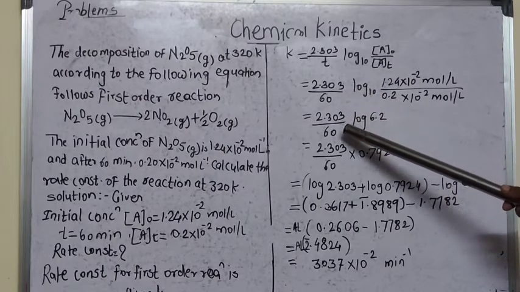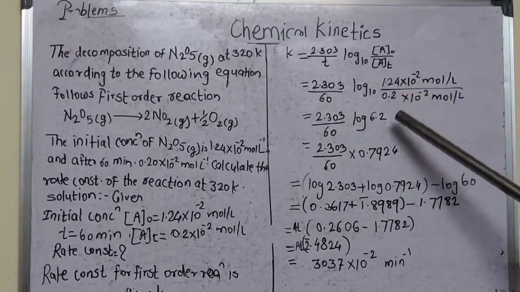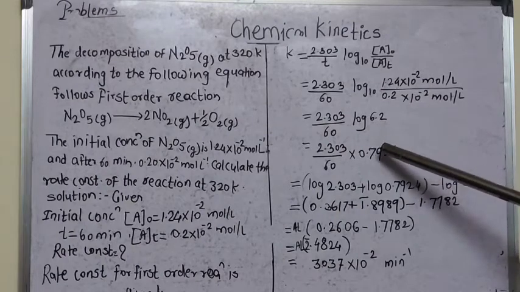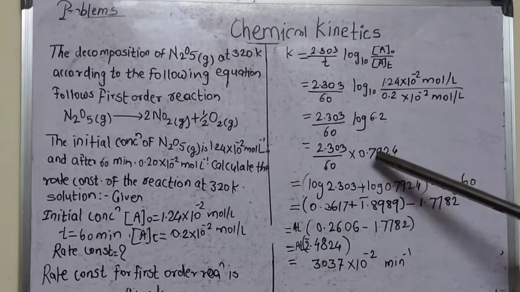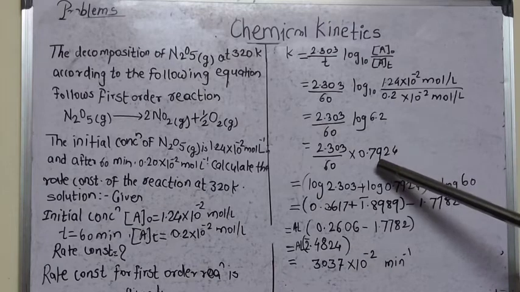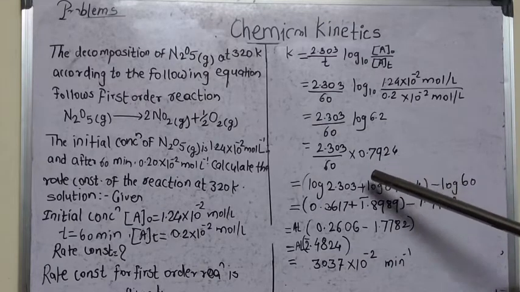Simplifying, we get log of 6.2. Taking the log of this quantity, 6.2, we get 0.7924.